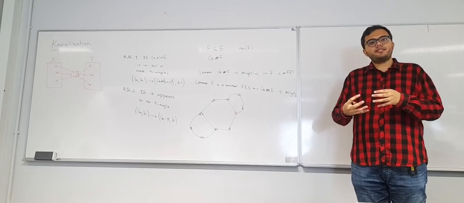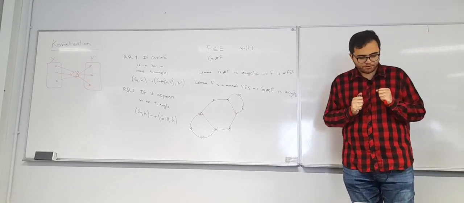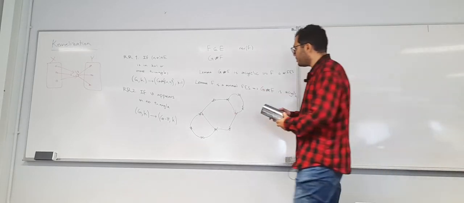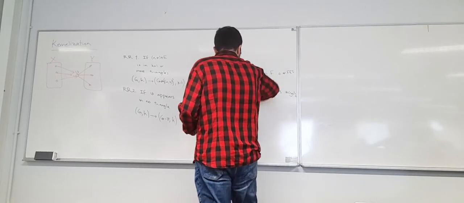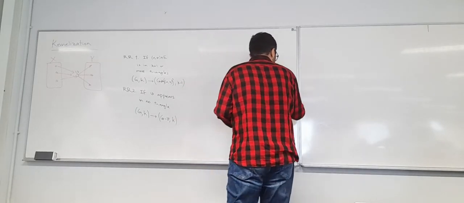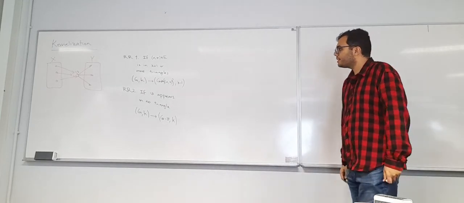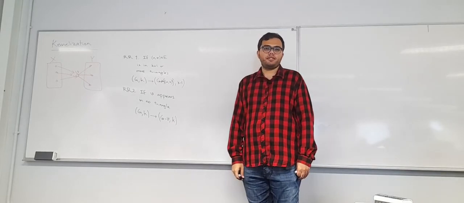But if the answer is yes, then this graph is going to be small. That's what I want to show. So let's say I've applied these rules as many times as I could. And now let's just assume that the answer is yes. So if the answer is yes, how many vertices can I have remaining in my graph?